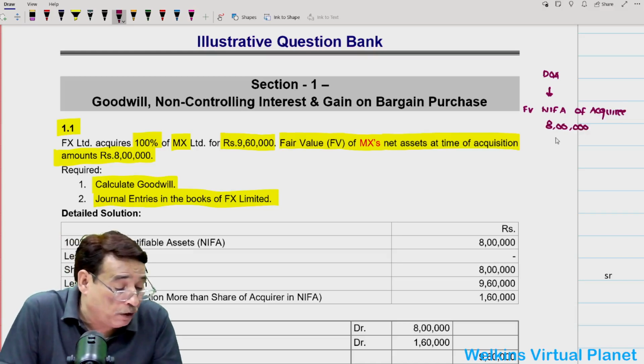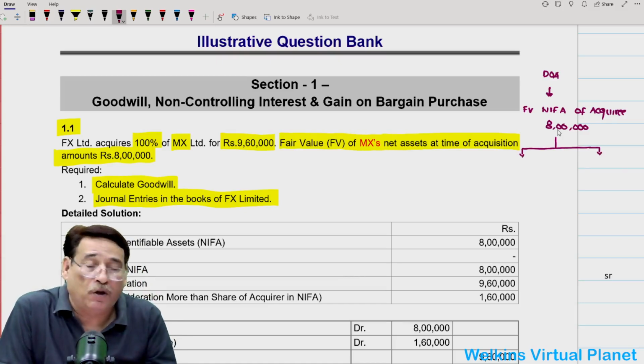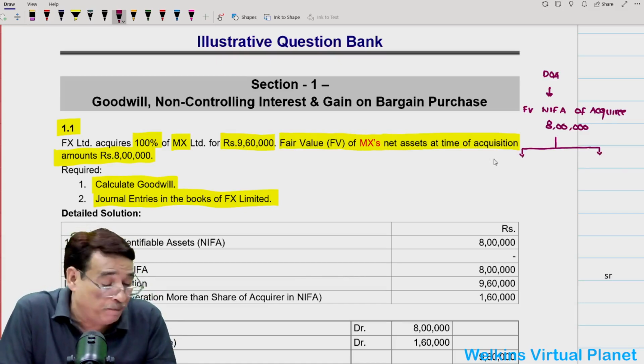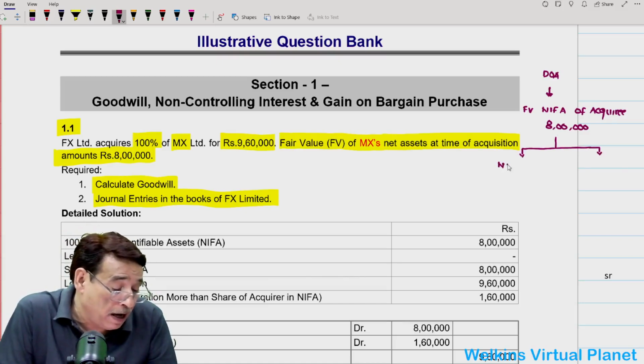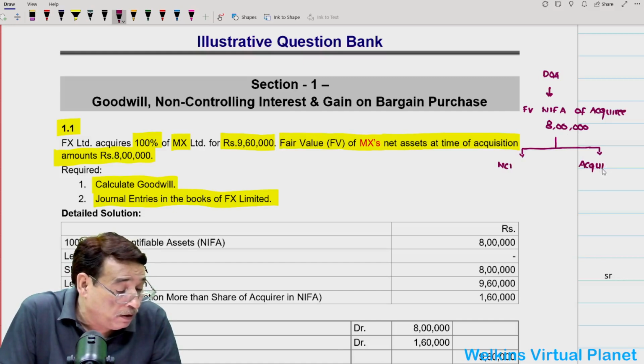Once you have found out that, then you have to break it up into two segments. You have to find out what part of net assets on the date of acquisition of acquiring company belong to NCI and what part of the net assets belong to acquirer. That's all. Very simple. No complications here.